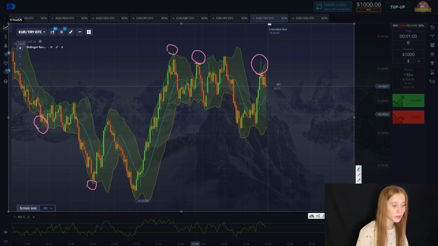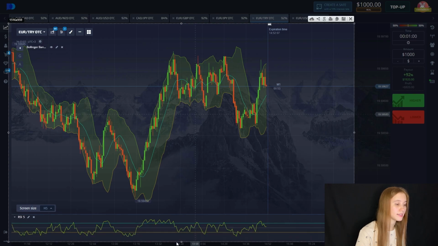That's basically what the 5% is. Trading on the 1 minute time frame, these are the most ideal settings.